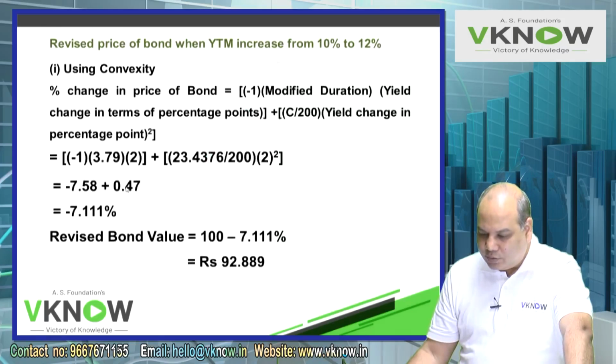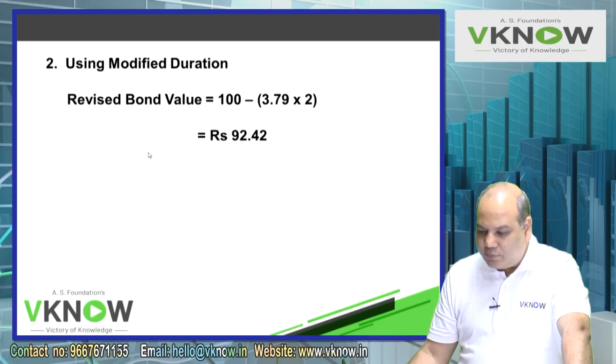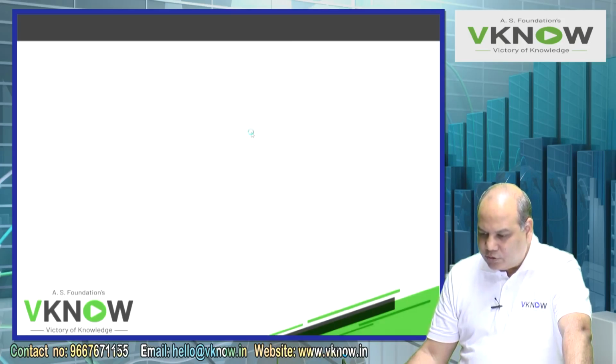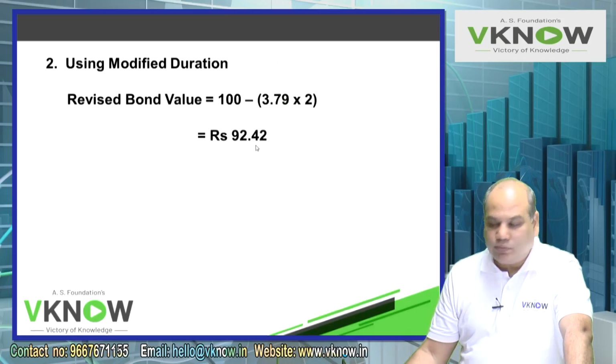As per modified duration, the change will be 7.58%. So using modified duration, revised bond value is equal to 100 minus 3.79 into 2. So the change will be 7.58%. So the answer is rupees 92.42.